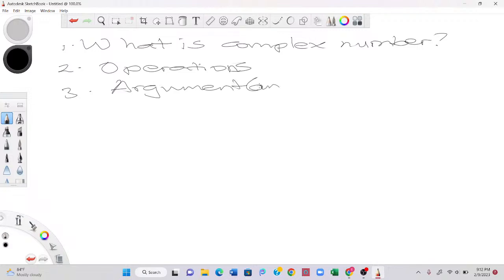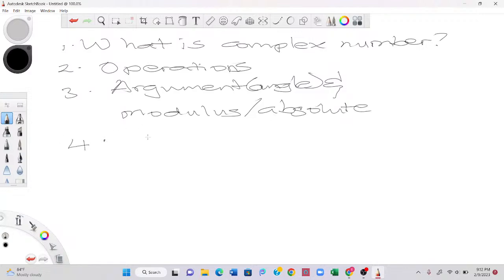the argument or the angle and the modulus or the absolute value of a complex number. The fourth one is the polar representation.